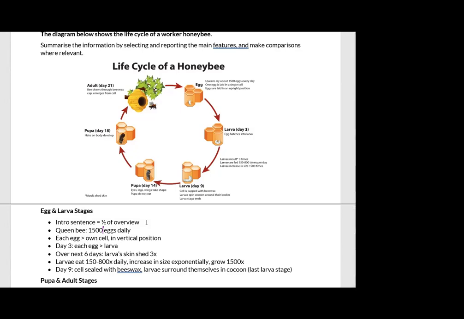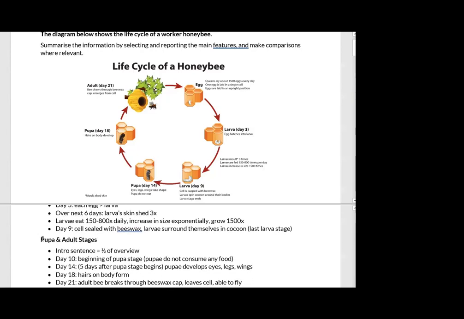This eases in to that main idea. So if this paragraph is going to be about the egg and the larva stages, that's all you need to tell the reader in this introductory sentence. And then the next body paragraph is going to be about the pupa and adult stages. And again, in the intro sentence, it's half your overview, and that's all you need to tell the reader in that sentence. Very, very reader friendly.